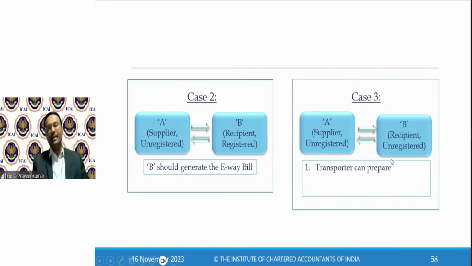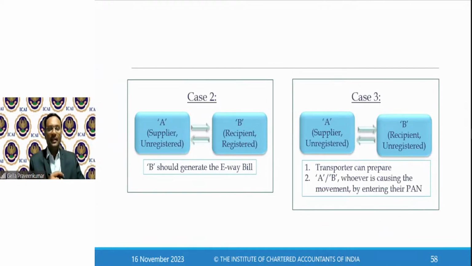How does he prepare the e-way bill? He will use the PAN number of the seller or the PAN number of the buyer. He makes a reference to the invoice given by the seller. Or A or B, whoever is causing the movement of goods, by entering their PAN, can prepare the e-way bill. I'll give an example for this case 3. Please remember handmade handicraft goods.